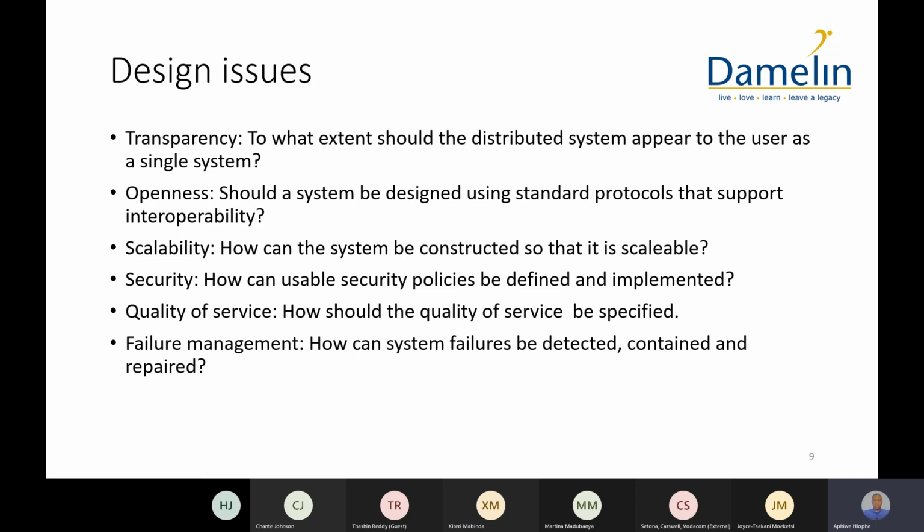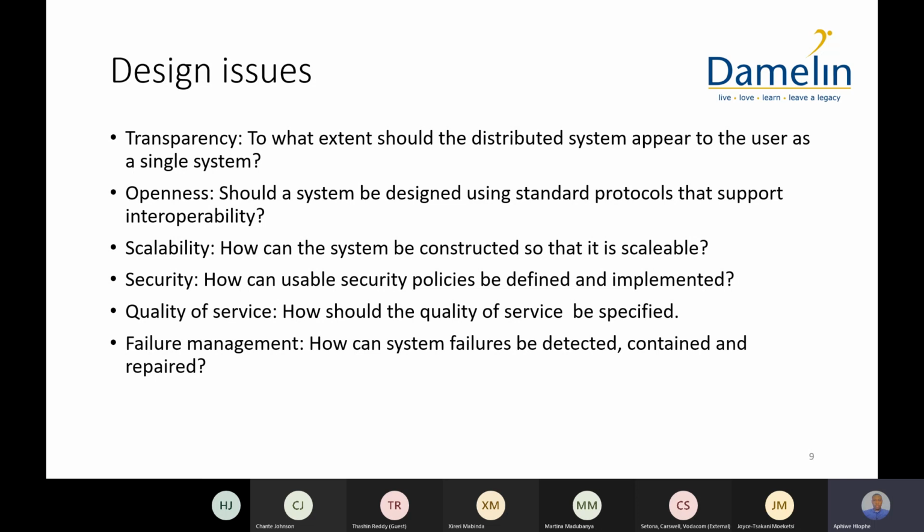And should the system be designed using standard protocols that support interoperability, okay? That aspect of openness is also going to be questioned. Do you want to go on one platform, or do you want to go with different platforms? That's one of the questions you may need to ask yourself.